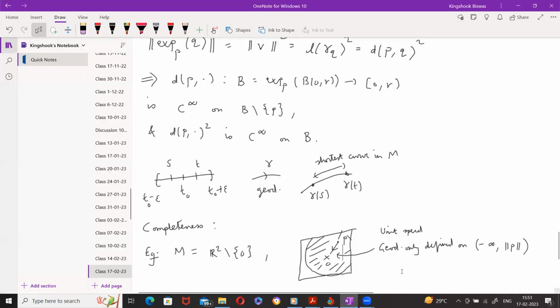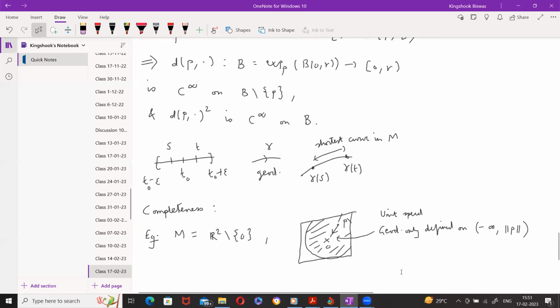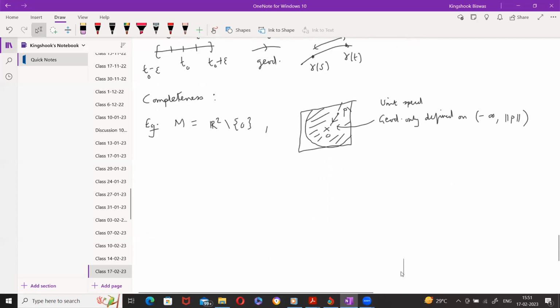So in this same example of R2 minus the origin, if I try to minimize the length from P to minus P, so I'm missing the origin, right, then I'll get a sequence of curves of shorter and shorter length like this.